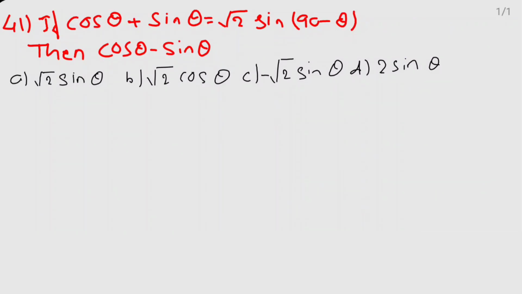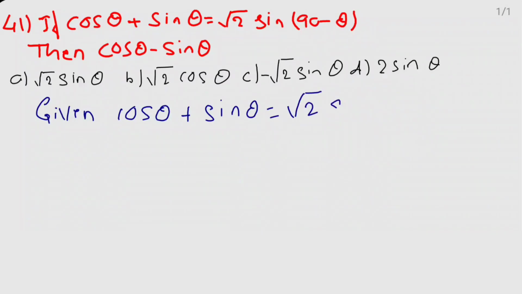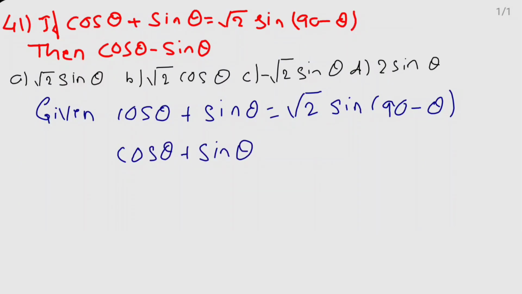So first write down the given: cos theta plus sin theta equal to root 2 sin (90 minus theta).